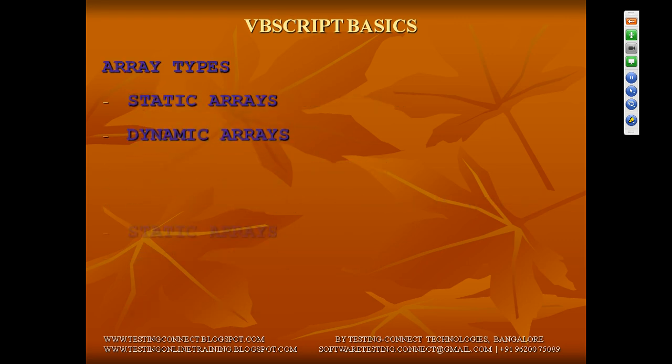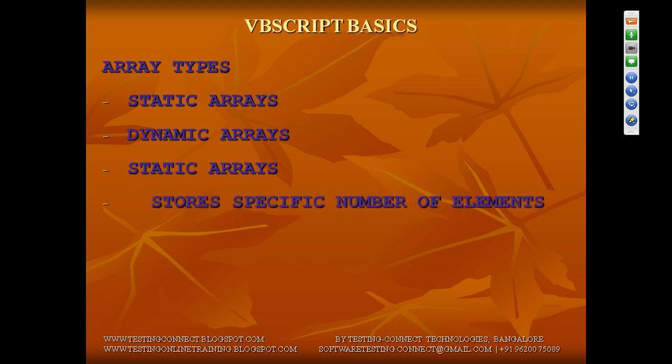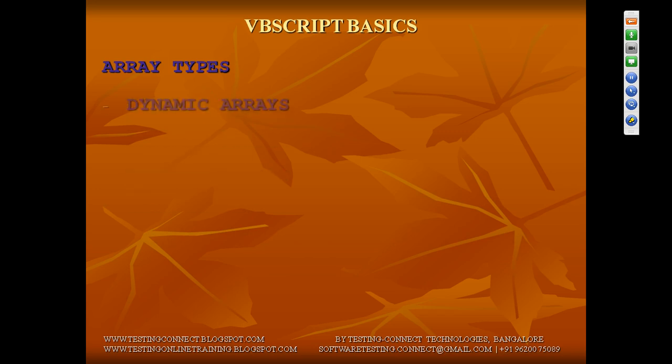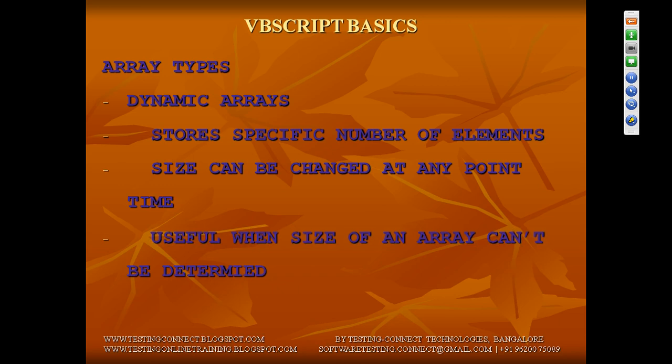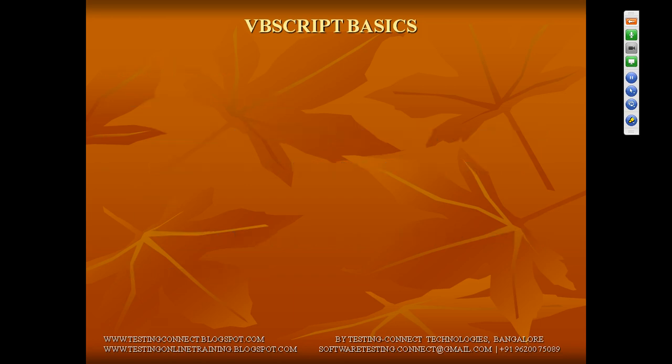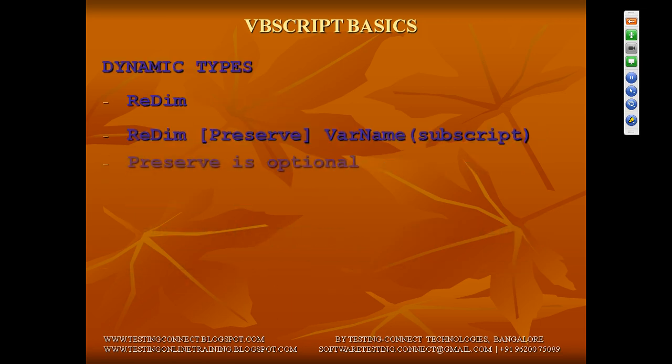Static arrays, dynamic arrays. Static arrays store a specific number of values and cannot be altered during runtime. Dynamic arrays mean you can change the size of the array. If you want to change values also, you can change. If you don't want to change the existing elements, you have to extend, and even that is possible with the help of Preserve.